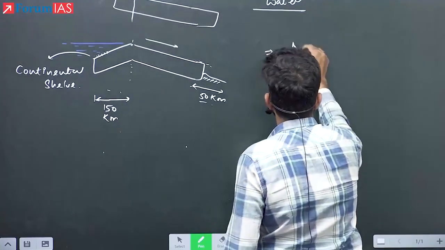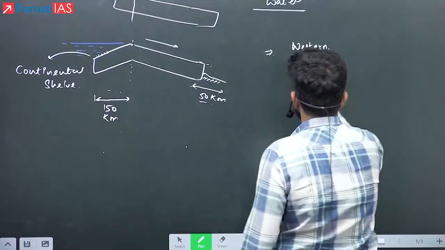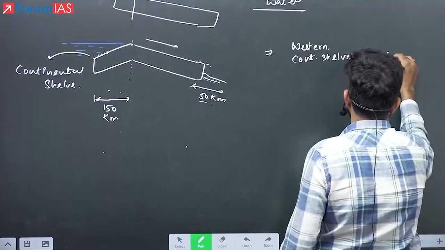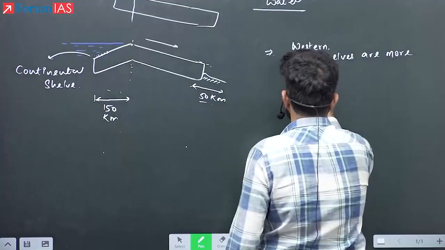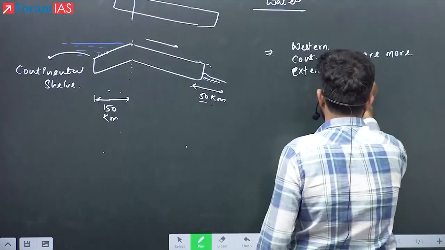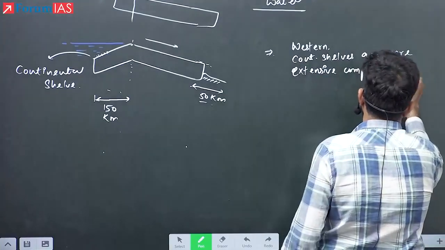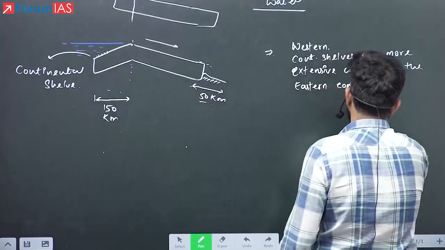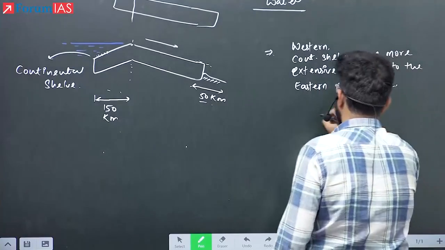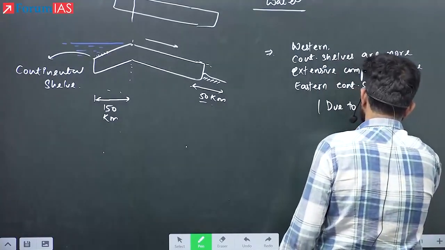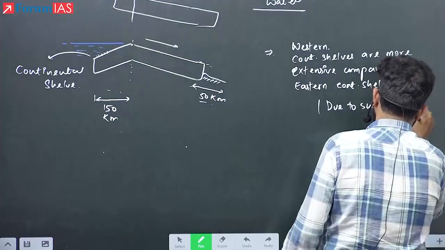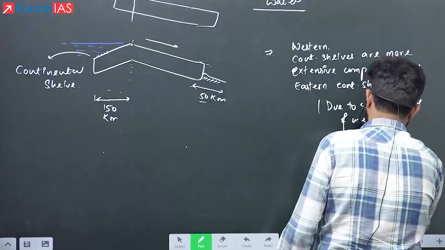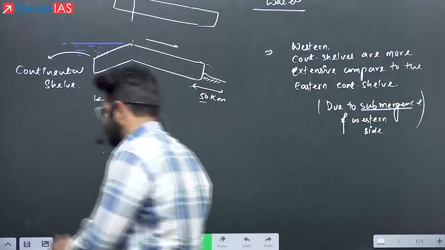So: western continental shelves are wider and more extensive compared to the eastern continental shelves due to submergence of the land. So the second reason is submergence.